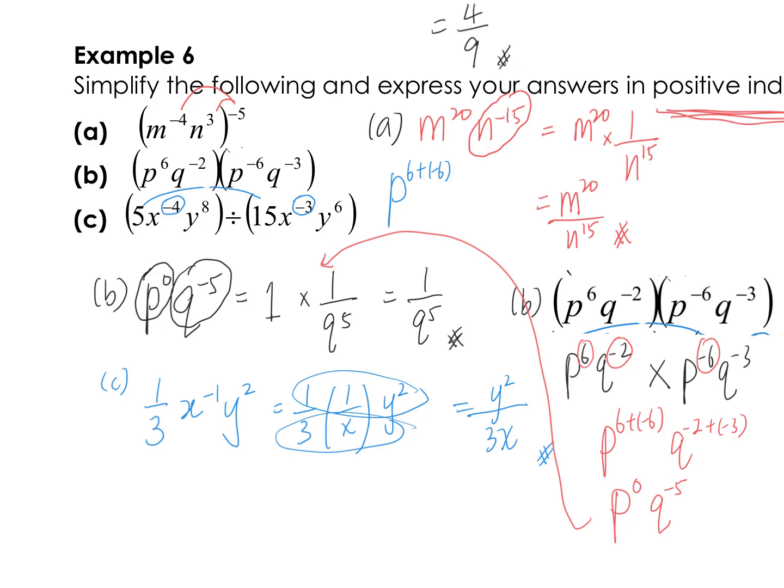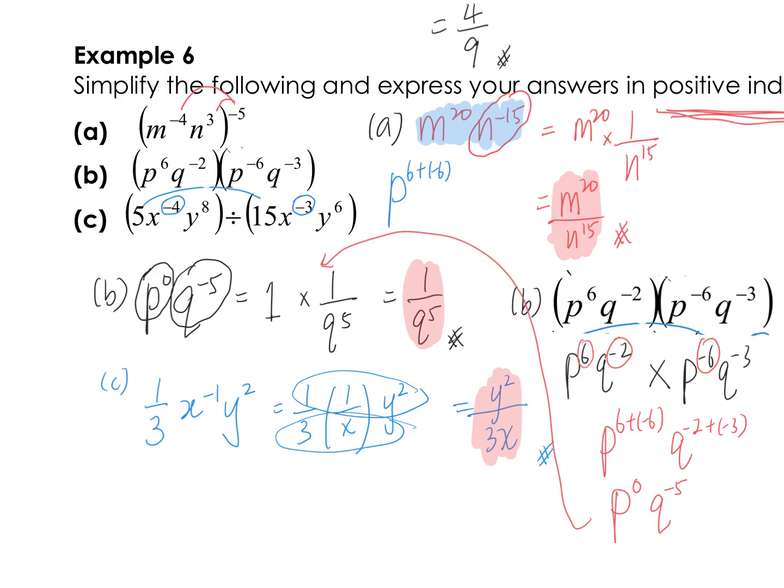So all your final answer, double check. This one, and this one. If they never say express your answer in positive index notation, you could have left your answer like this and it's done.